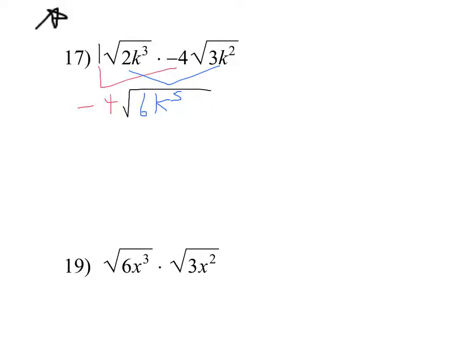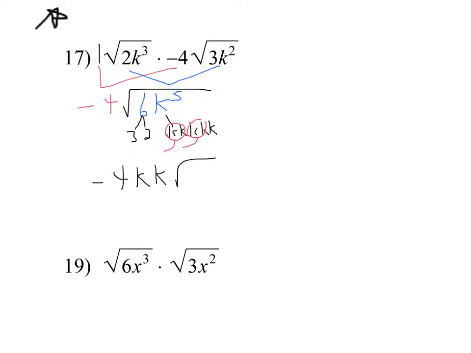So 6 is 3 and 2, so there's no pairs there, but we do have k, k, k, k, k. There's 5 of them, so we can take out a pair and another pair. So we're left with a -4, a k, and another k.